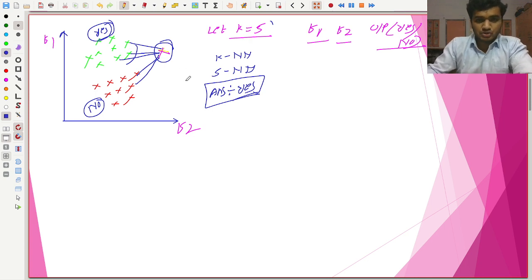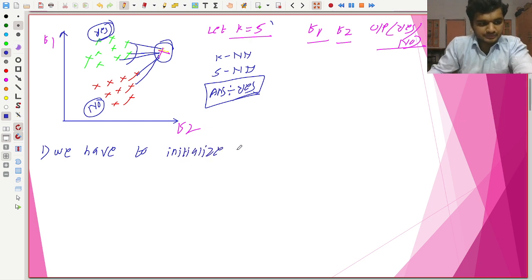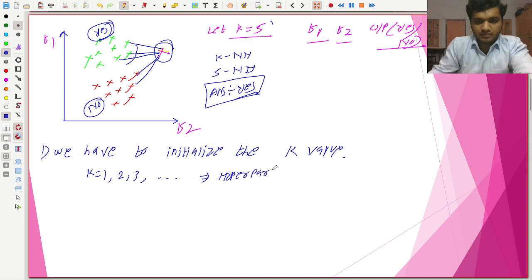But the process is, first, we have to initialize the k. It is your first step, that is k equal to 1, 2, 3 and so on, which is a hyperparameter.